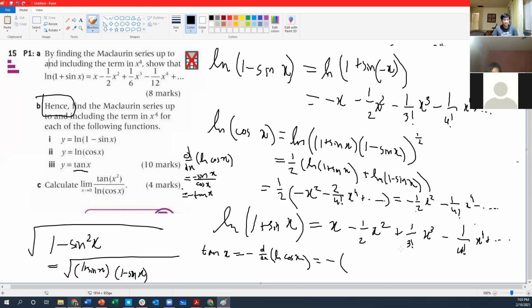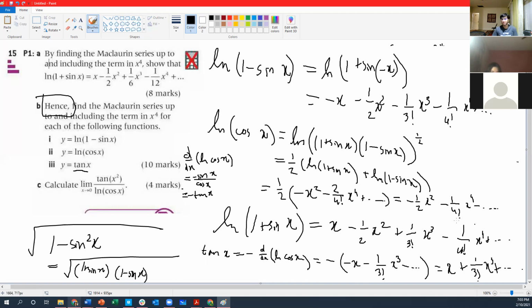The derivative we can easily calculate: this would be minus x, and then minus 1 over 3 factorial x cubed. The next term would be the x to the 5th term, so we don't need to worry about that because we only need up to x to the 4th. Then we have dot dot dot here. If you put the negative sign, that becomes x plus 1 over 3 factorial x cubed plus dot dot dot.